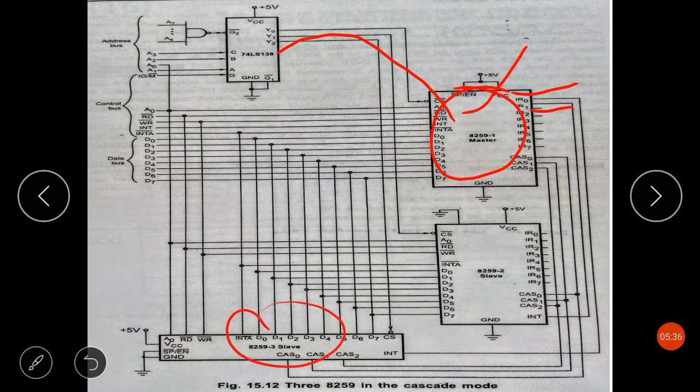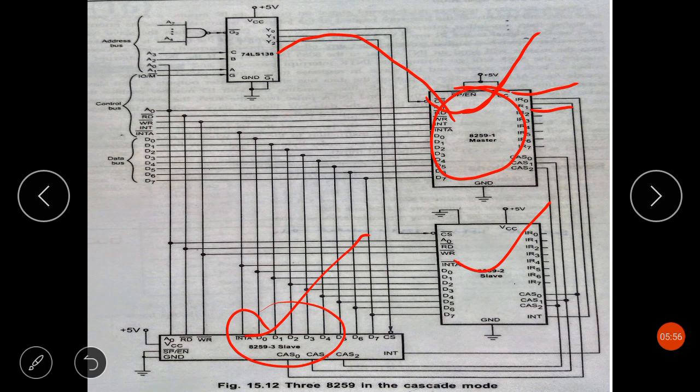Here I have shown two. We can connect 8 8259s to this master 8259. These 8259s will be called slave, and the programmable interrupt controller to which they are connected will be called the master programmable interrupt controller.